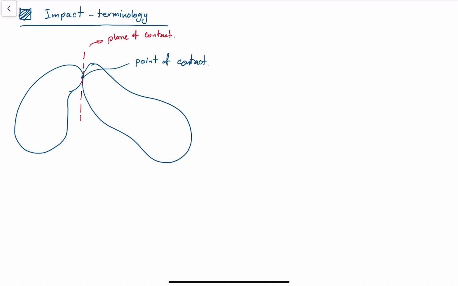And assume each body has some center of mass. So this is center of mass. The line that connects the center of masses, let's call it line of impact.